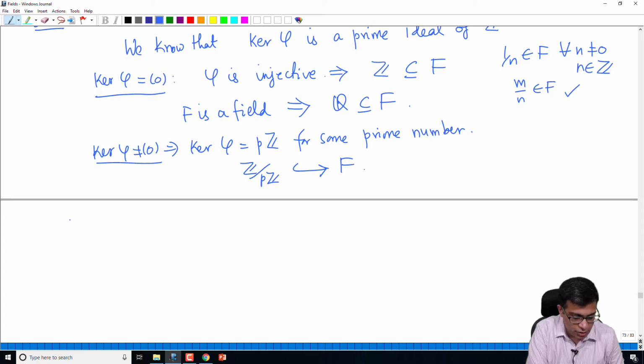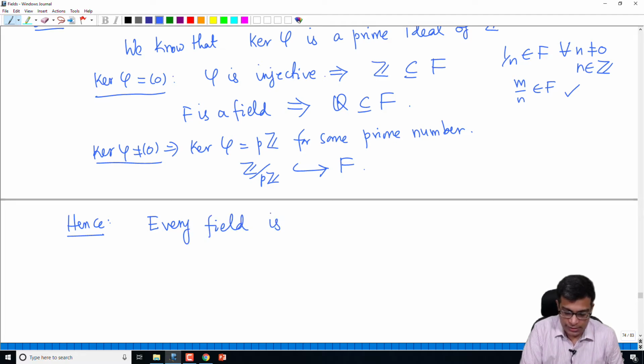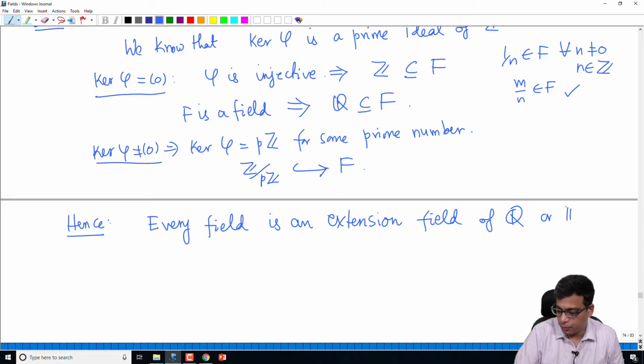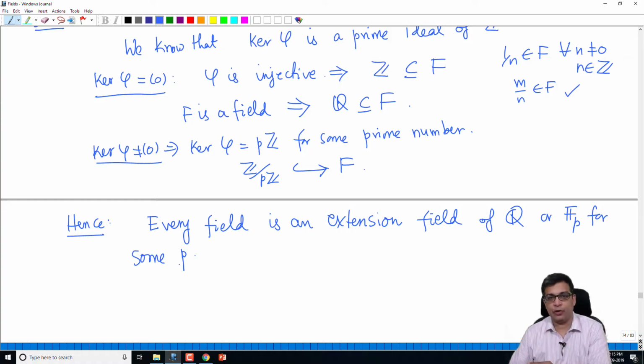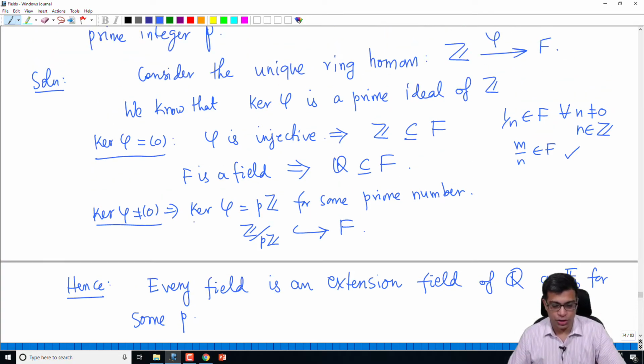In other words, what we want to remember is, hence, every field that you can work with is an extension field of Q or Fp for some P. And remember, it has to be exactly one of them, as this solution shows.